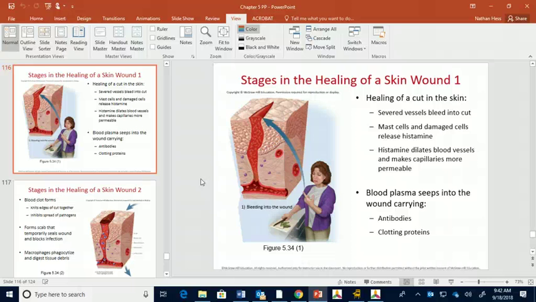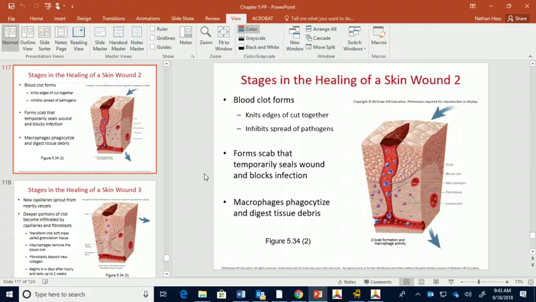The mast cells, the damaged cells that are actually broken, they release histamine. That dilates the blood vessels and gets more blood there. You say, wait, we want more blood? Yes, because we want that blood plasma that has antibodies and the clotting proteins. We want that stuff in your cut. So that's step 2, a blood clot can form.